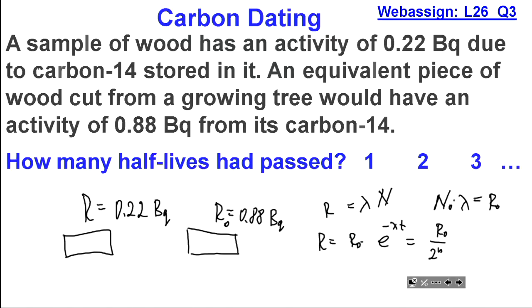So we start from 0.88. We wait exactly one half-life. If we start from 0.88 and we wait one half-life, what will be the next activity?